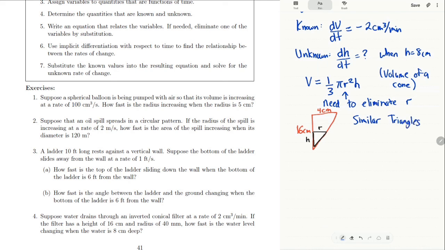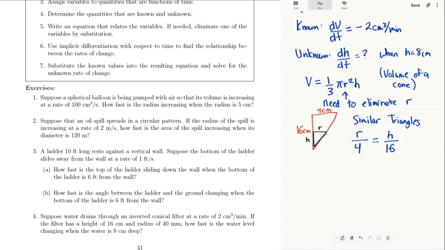Similar triangles says that the ratio of the sides are equal. So if we look at the smaller triangle, the ratio of that side, r, over the larger triangle, which is 4 centimeters, is the same as the ratio of the other sides, which is h over 16.